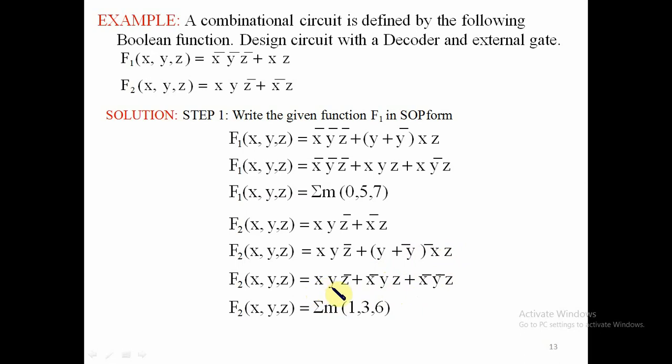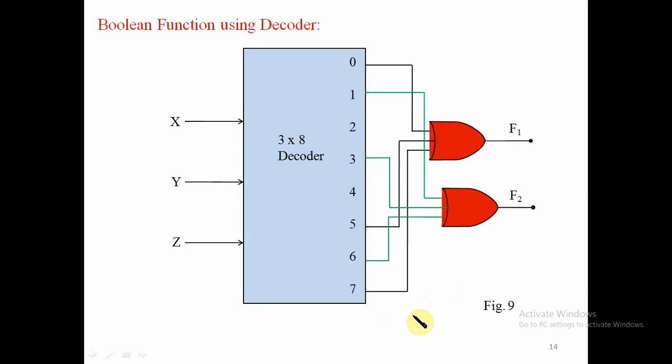Here X is 1, Y is 1, Z is 0, meaning 1, 1, 0, that is 6. Here 0, 1, 1 is 3. Here 0, 0, 1 means 1. We get that equation, and using this equation we draw the diagram.